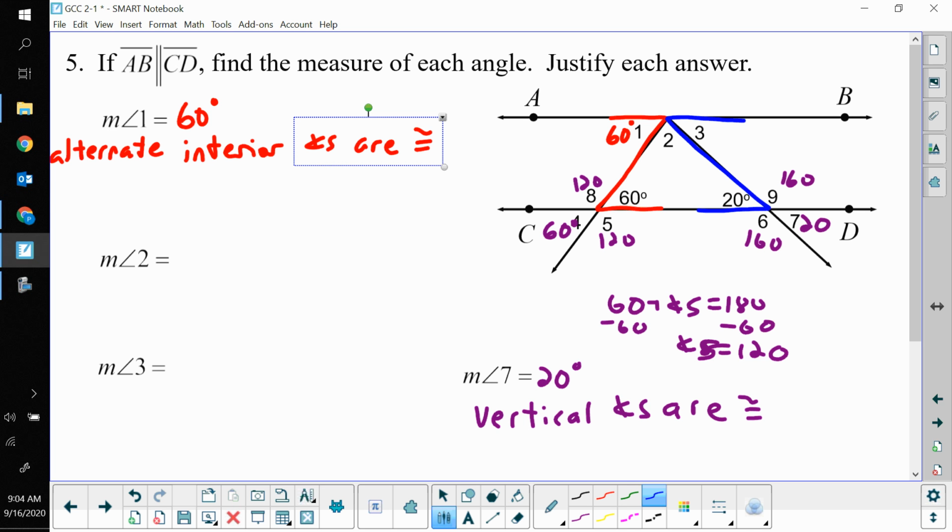So if we did the zigzag that way, the 20 and the 3 are the angles of the zigzag. So angle 3 is going to be 20 degrees, and that's by alternate interior angles are congruent.